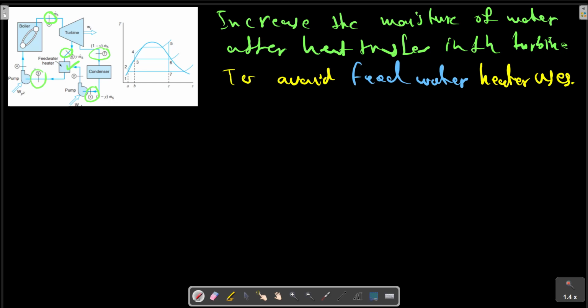Note that the liquid has not been pumped to the boiler pressure, but only to the intermediate pressure corresponding to point 6.